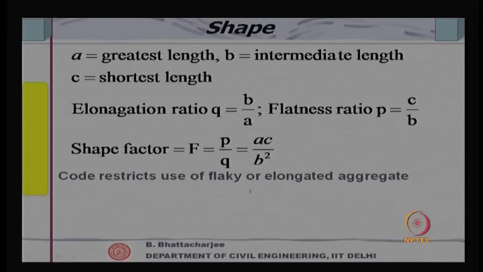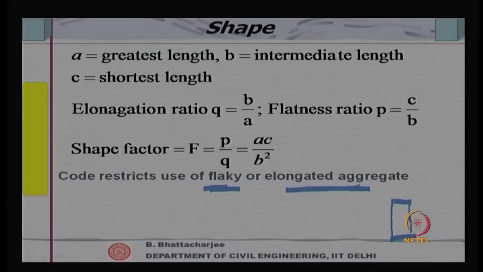Basically all codes will restrict the use of flaky or elongated aggregates, because they would normally create planes of weakness when you put them together.